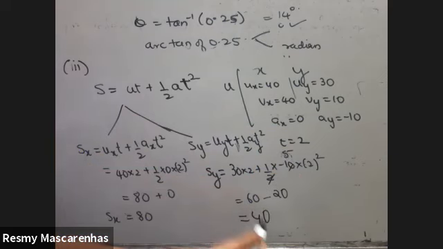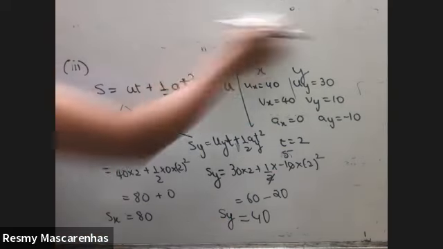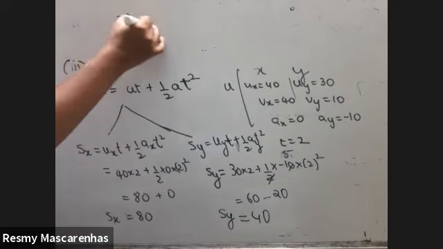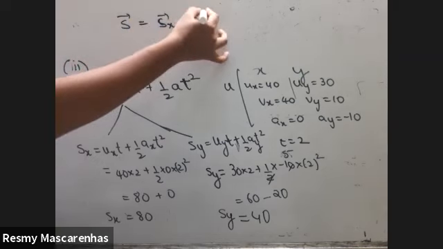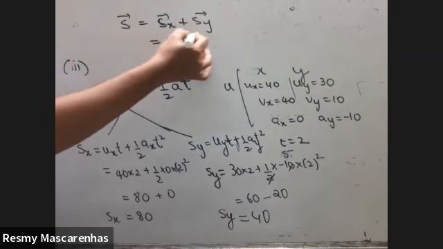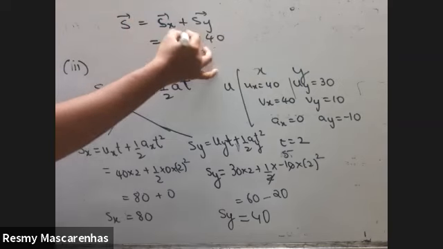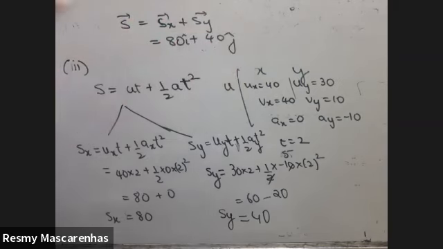So this gives you 40. So you got your Sy component. Now just add, same like how we were writing v. So the S vector will be Sx i plus Sy j: 80 i cap plus 40 j cap.